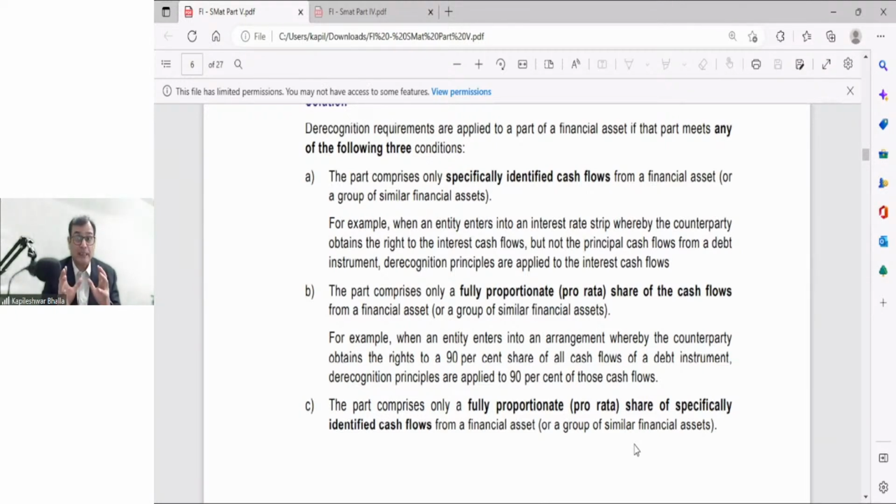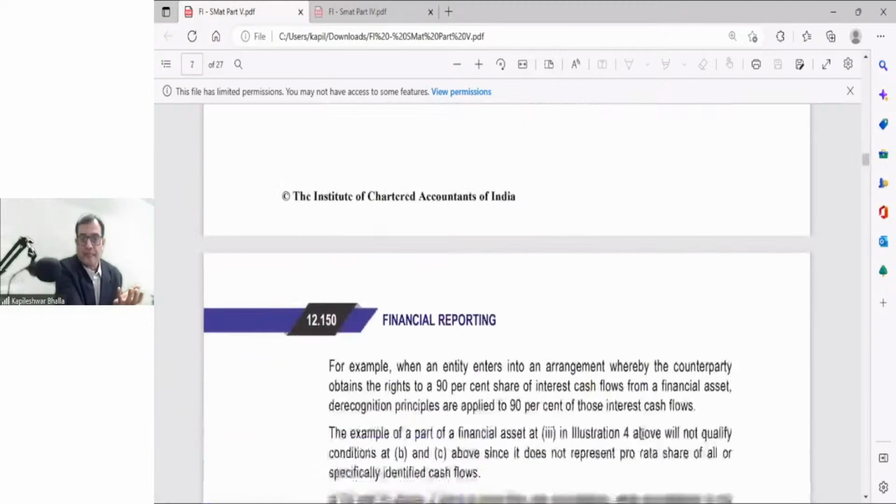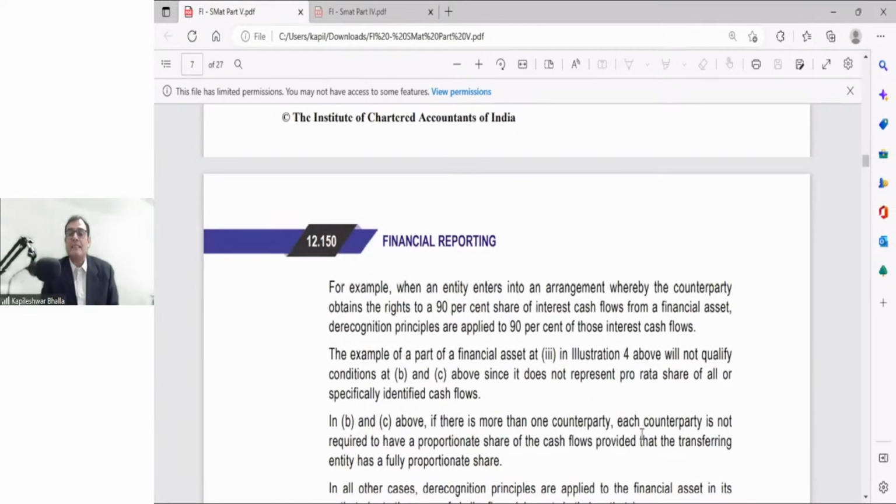That means it is equal percentage. So if the principal and the interest cash flow is transferred, you need to transfer both of them to the extent of equal percentages. And then it says in clause C, the part comprises a fully proportionate share of specifically identified cash flow. For example, when an entity enters into an arrangement where the counterparty obtains 90% of the interest, derecognition is applied to 90% of the interest.